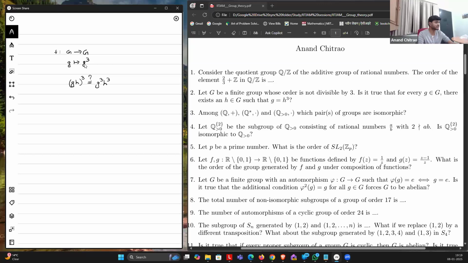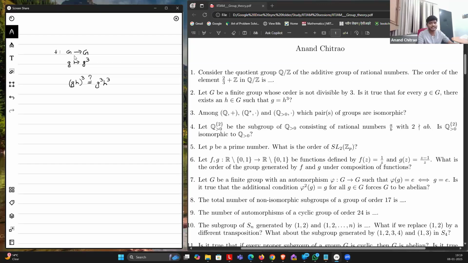It is the set of all g such that g cube is identity. Means the kernel is all elements of order 3. But now use the fact that G is a finite group whose order is not divisible by 3.